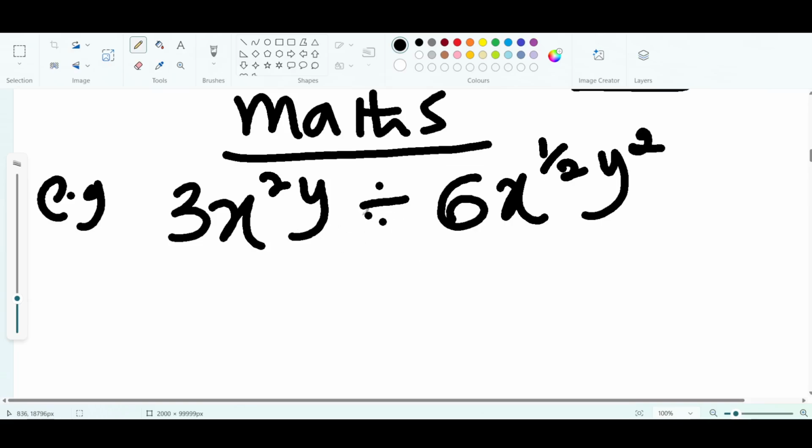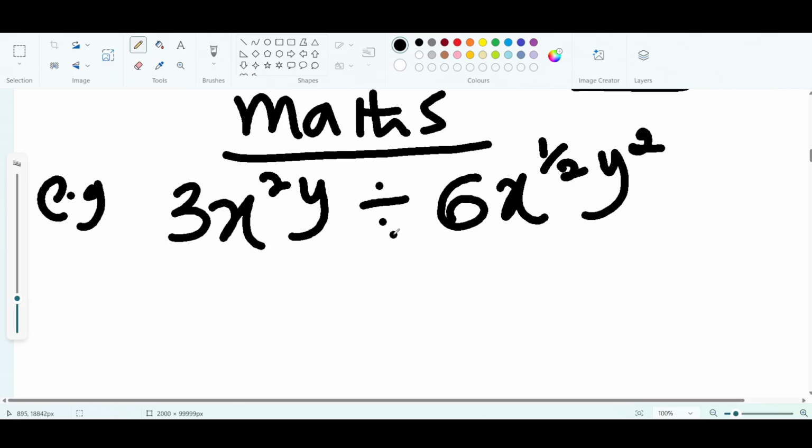We are going to apply the second law of indices, and in this law, we are going to look at what we have in the center, that is this term and this term. What we have between them is division instead of multiplication in the case of the first law. But this time around, we have division.